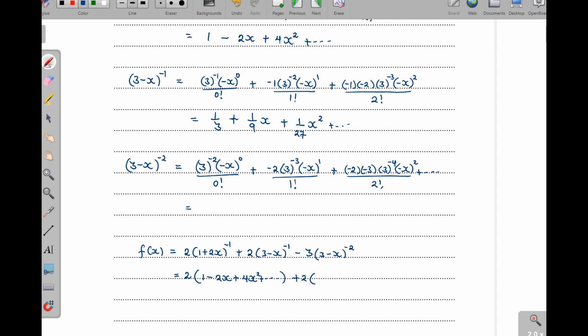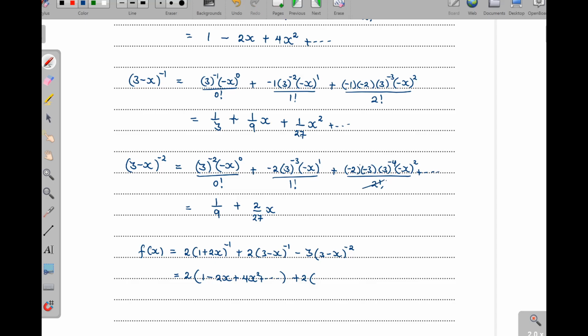Then this one will be 1 out of 9. Okay, then plus, of course, a negative times a negative, that's a positive. So this is 1 over 27, then times the 2. So we shall have 2 out of 27, and then times the x. And then here we are having this one as a positive, and also this one as a positive, not so?